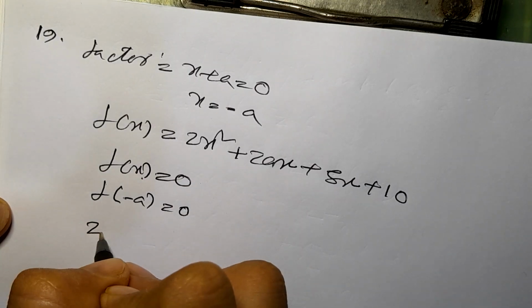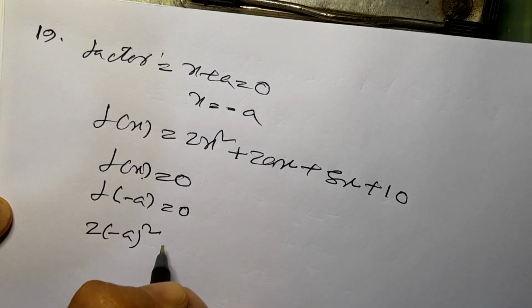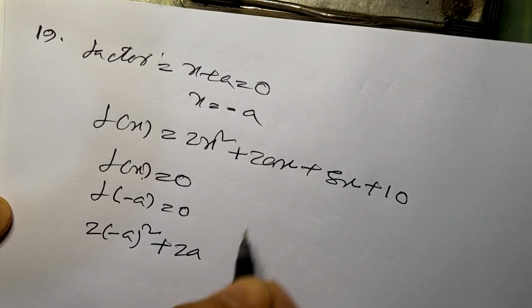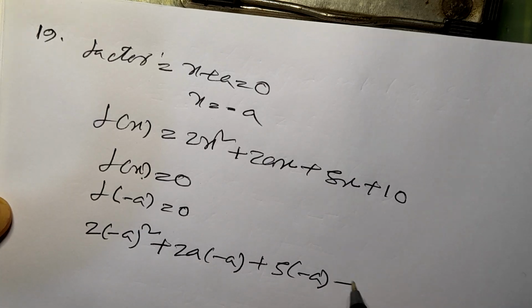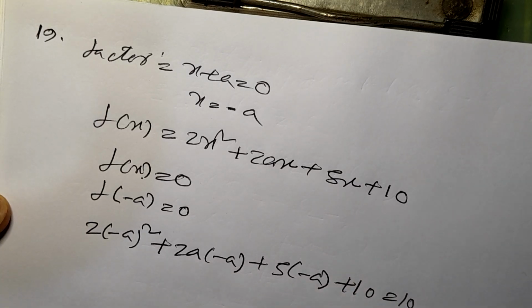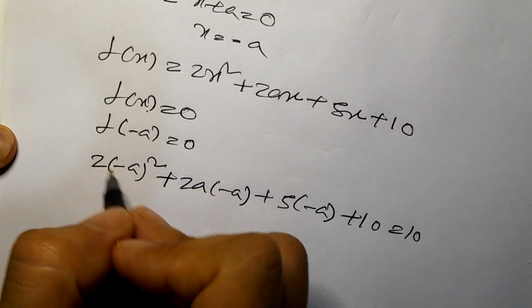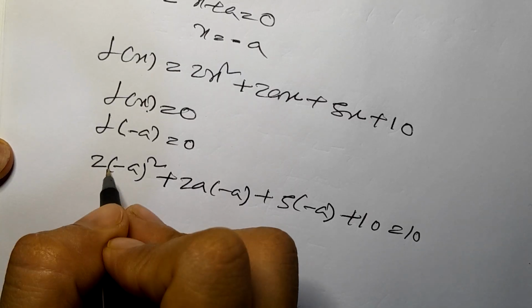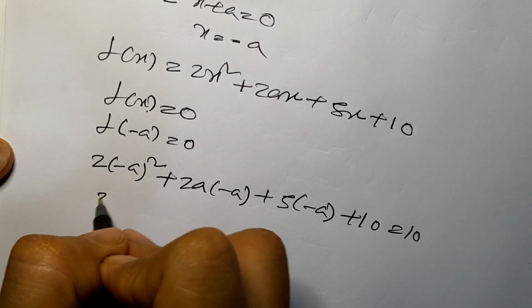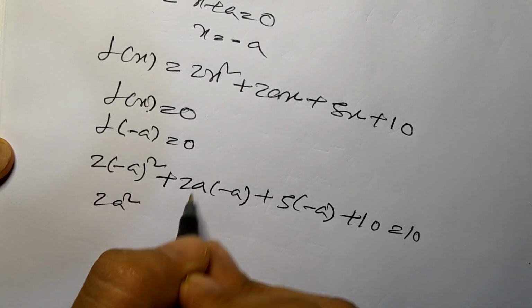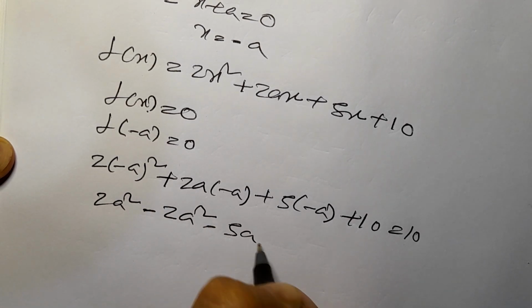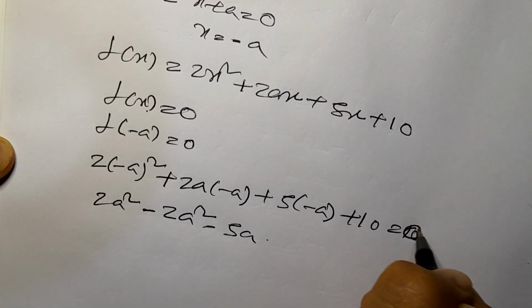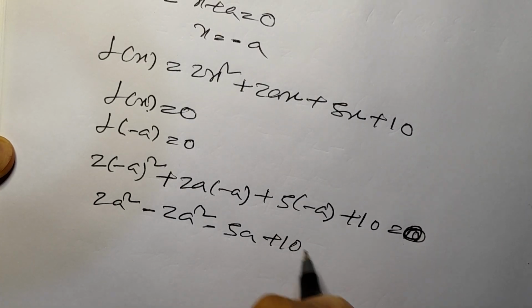So it will become 2 minus a whole square plus 2a minus a, whenever there is minus keep the bracket, plus 5 minus a plus 10 equal to 0. Now minus will become plus, so square means plus 2a square. Here plus into minus will become minus 2a square minus 5a plus 10 equal to 0.